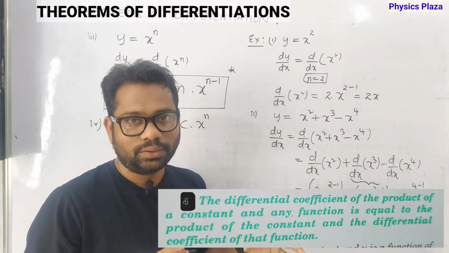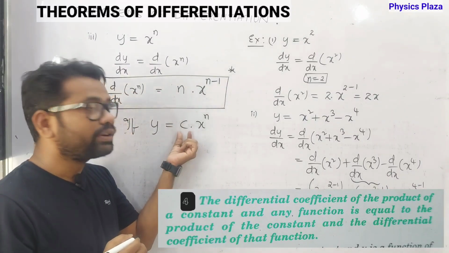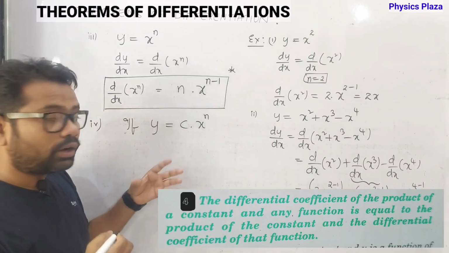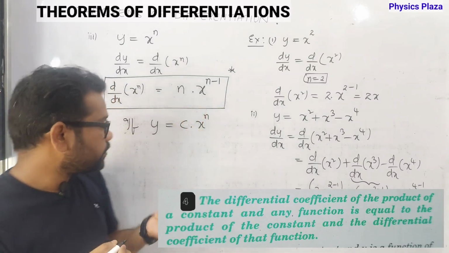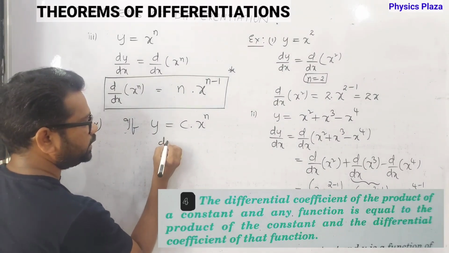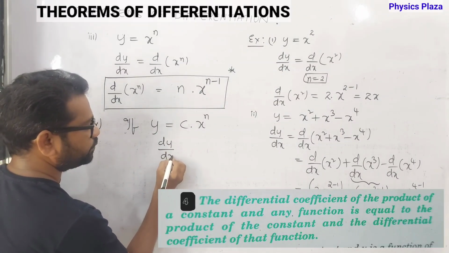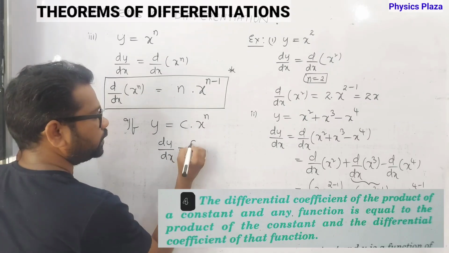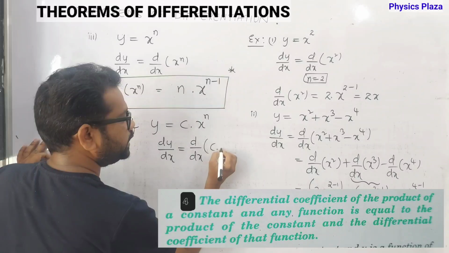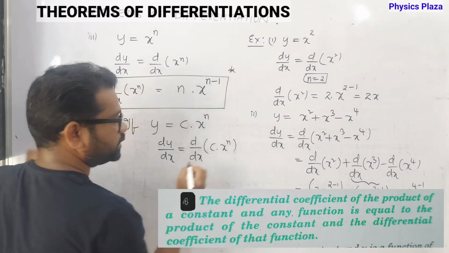If it is multiplied with an isolated constant, then how can we find the differential coefficient of this function? Just look here, it's very important. That is dy by dx is equal to d by dx of c into x power n. First you write like this.